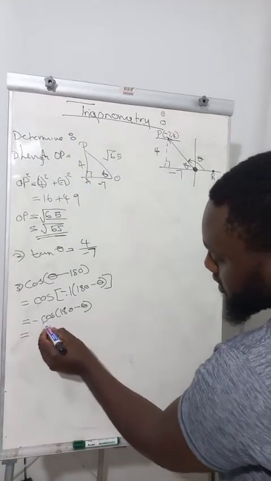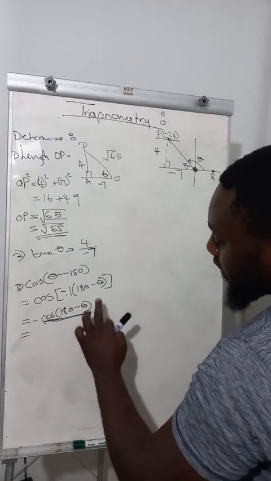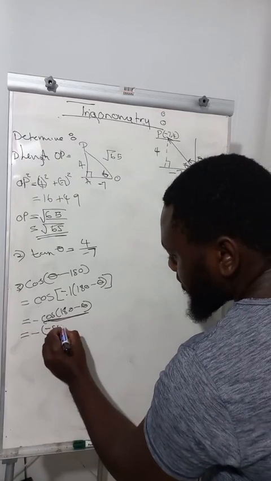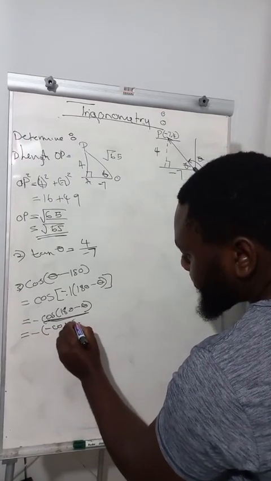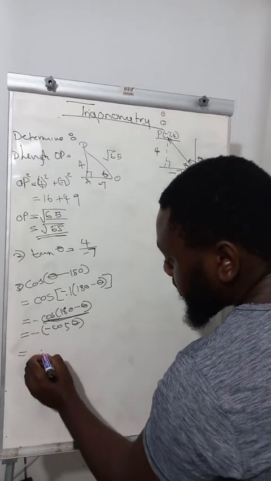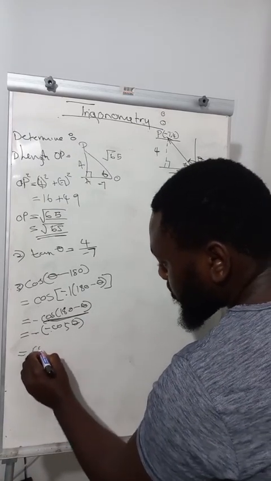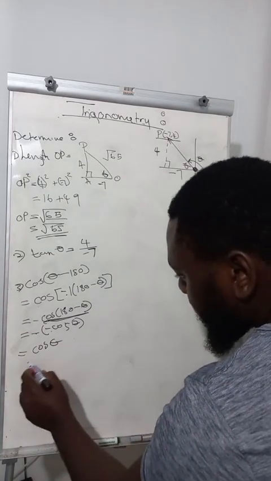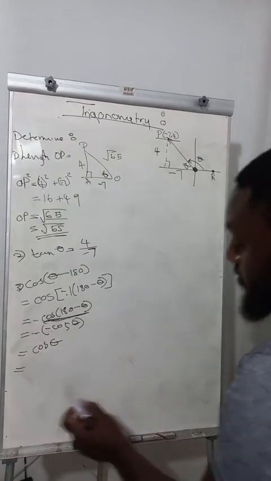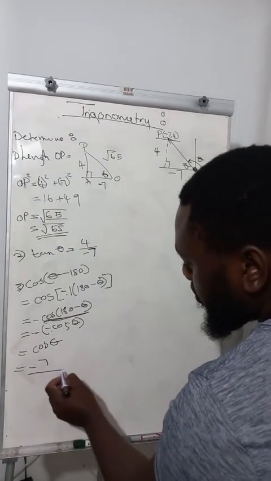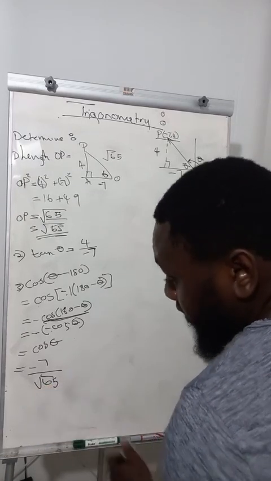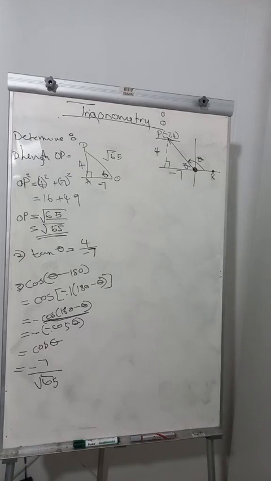This falls within the second quadrant, and in the second quadrant cos is negative, so you'll have negative into negative cos theta. Negative multiplied by negative, you'll get cos theta. So solving this, what is cos theta? Cos theta is just -7 over the square root of 65.